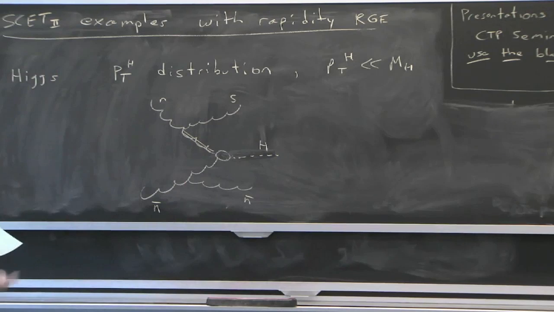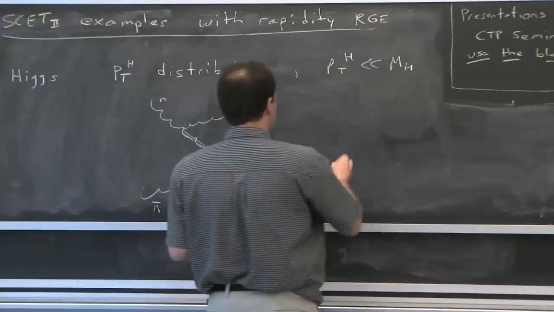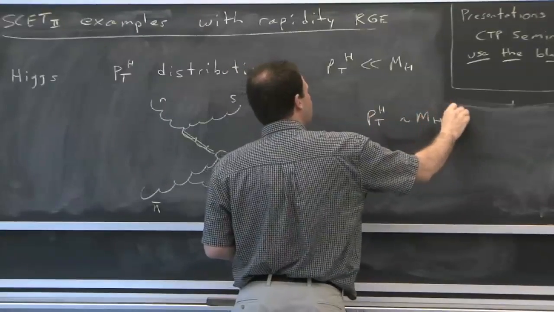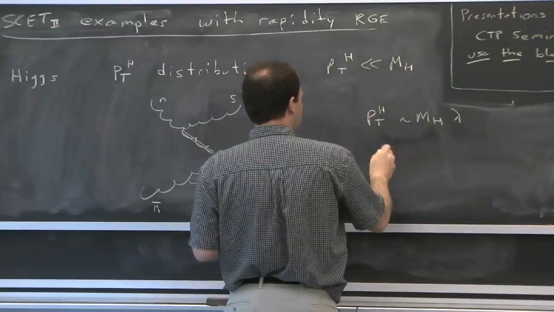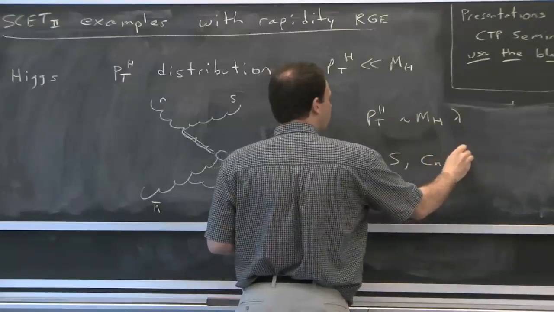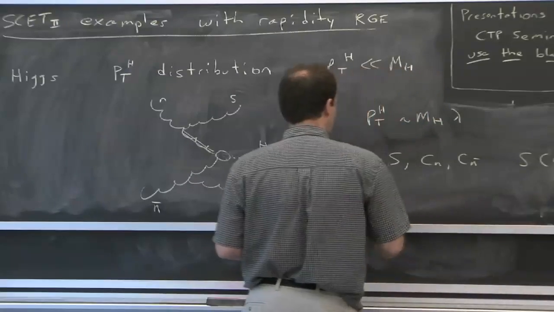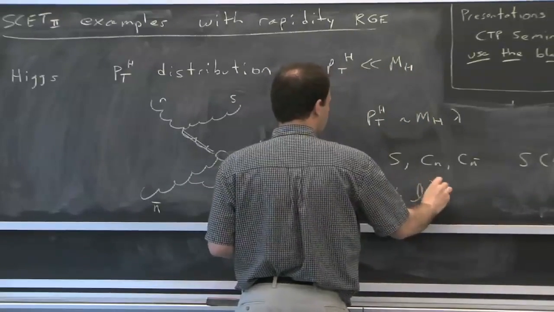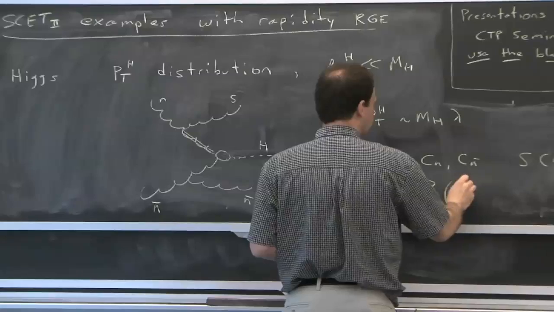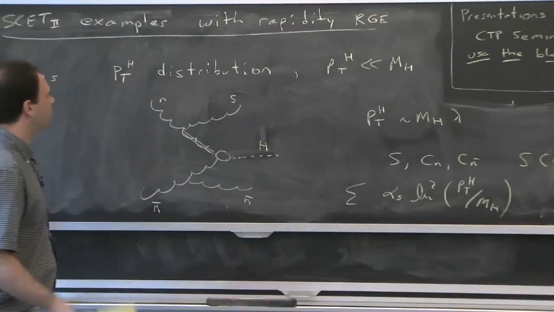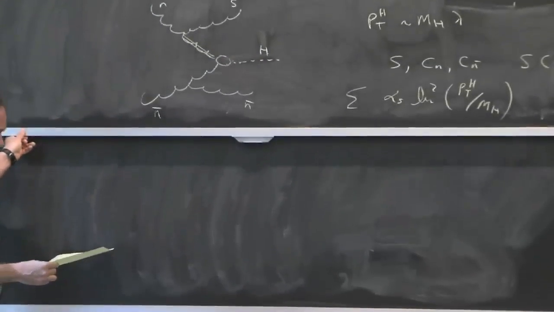Because you're only constraining a PT, it's an SET2 problem with n, n bar and S. So PT of the Higgs is order M_H lambda, and the modes are these ones. In this case, you'd want to sum up double logs of PT_H over M_H. That's what you might be interested in using the effective theory to do.